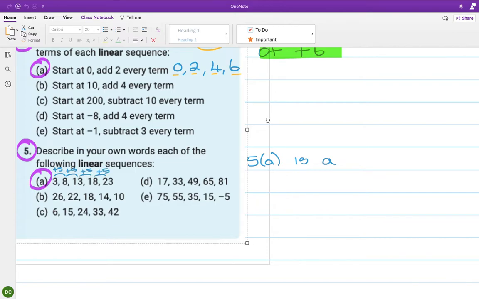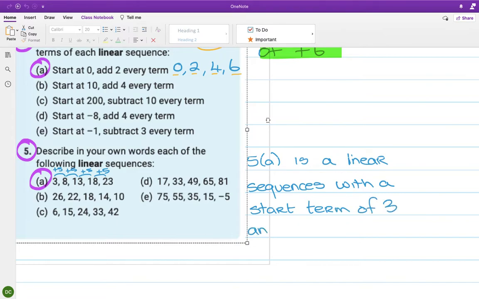Okay, so it is a linear sequence with a start term of 3 and a common difference of +5. Okay.